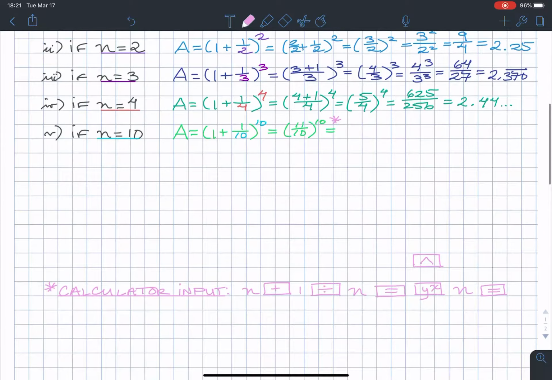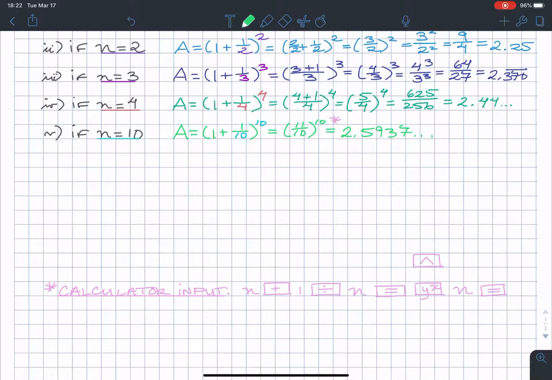Okay, so going back to our problem. So we've got 11 divided by 10. We'll press equals. Then we're going to raise that to the 10. And what I got is 2.5937, etc.